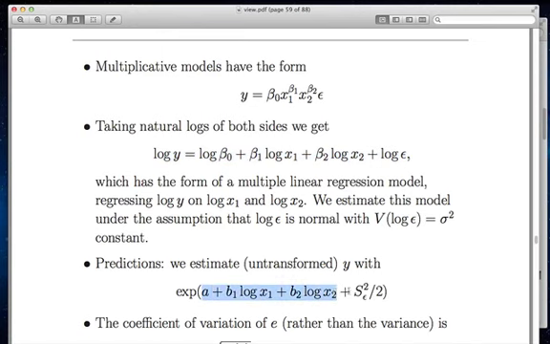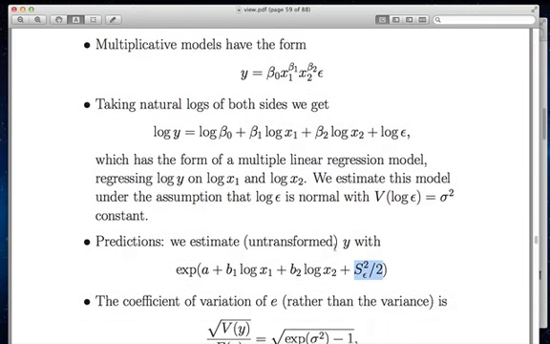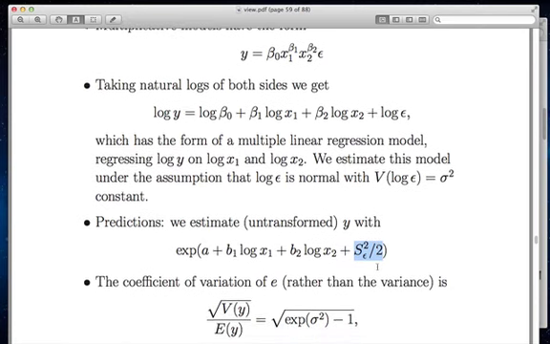Turns out that you need to add a correction, and this correction accounts for the fact that when you unlog a distribution, the extreme tail is going to pull the mean out. It's going to be pulled out by the standard error of the regression squared over 2.